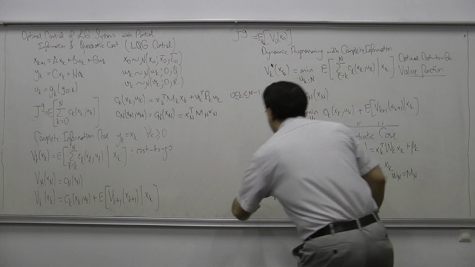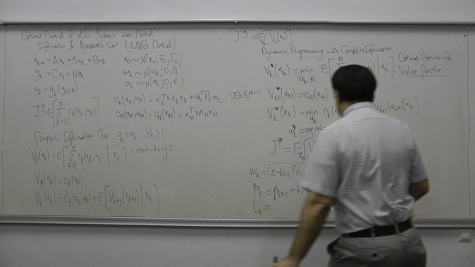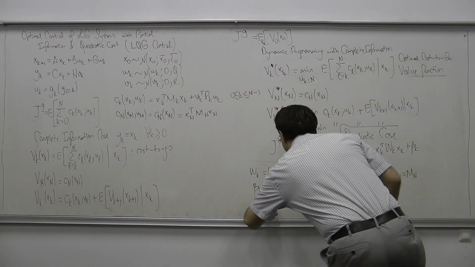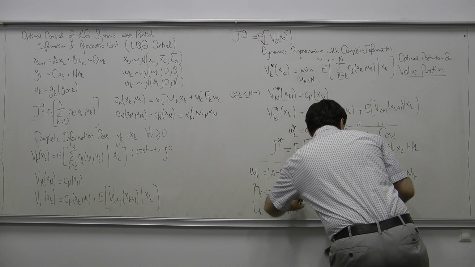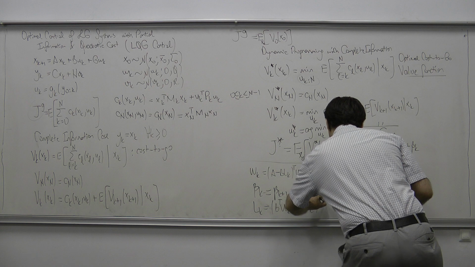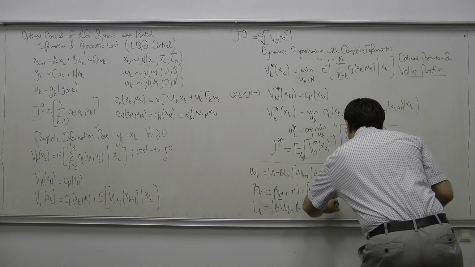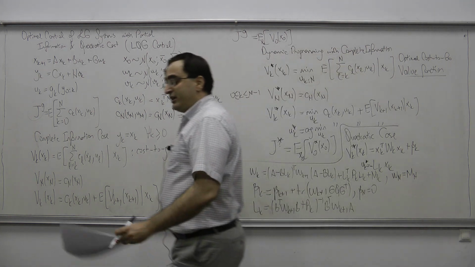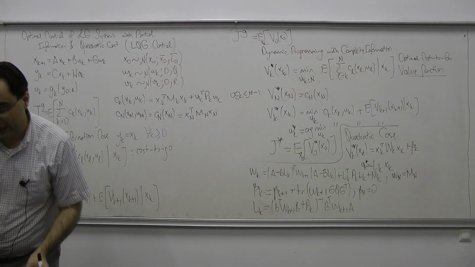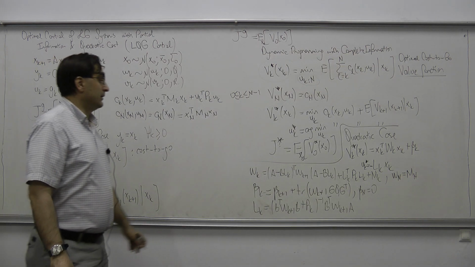And finally we had this gain L_k was B transpose W_{k+1} B plus P_k inverse B transpose W_{k+1} A. Okay? So this was the theory that we have seen so far.